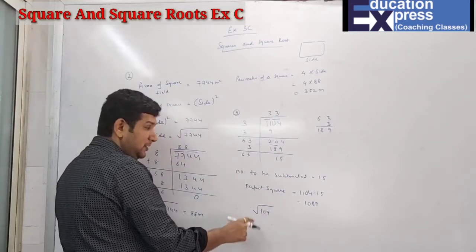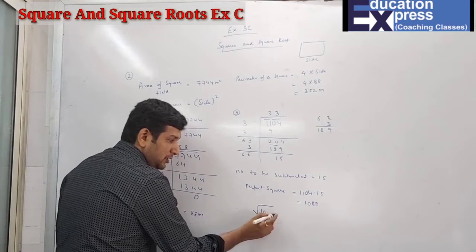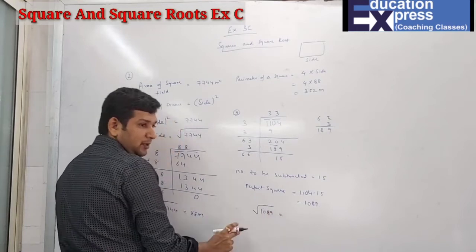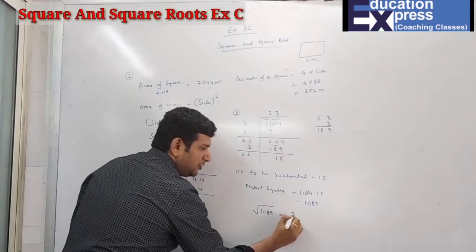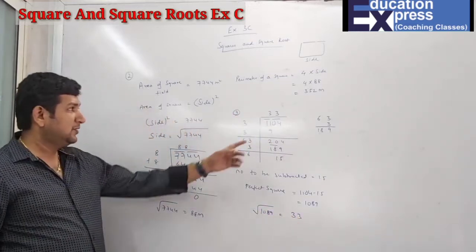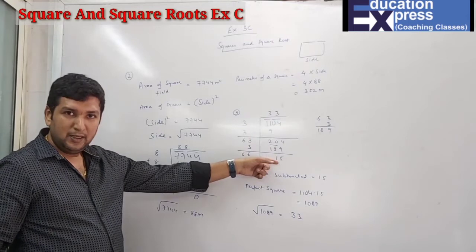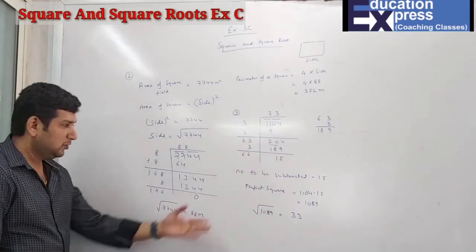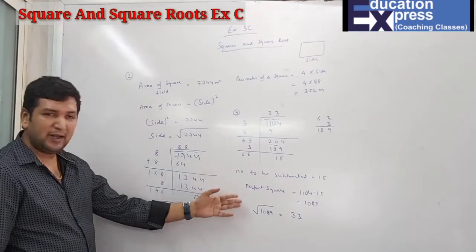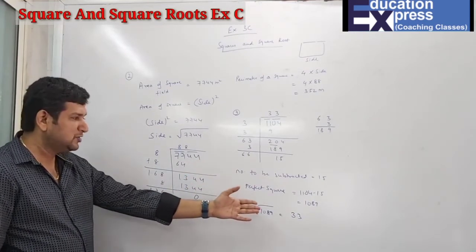And now obviously I want the square root. Simple. What is the quotient? That is the answer. The quotient was 33. The square root of this will be 33, because for the simple reason that when you subtract this, the answer you get will 100% be a perfect square of 33. So done. The number to be subtracted is 15, the perfect square is 1089, and the square root of 1089 is 33.